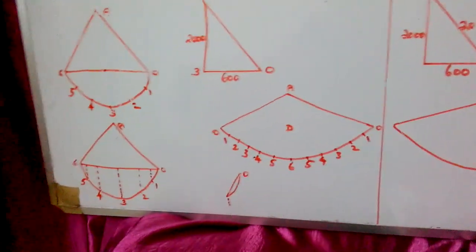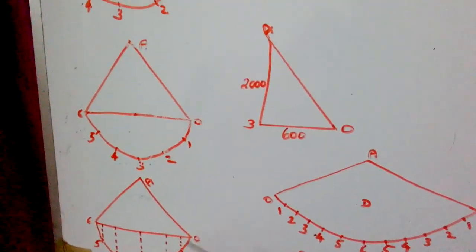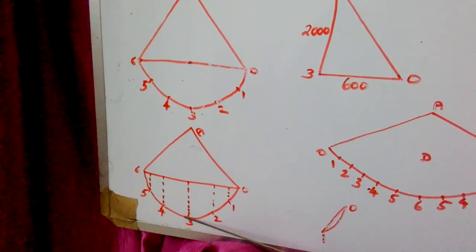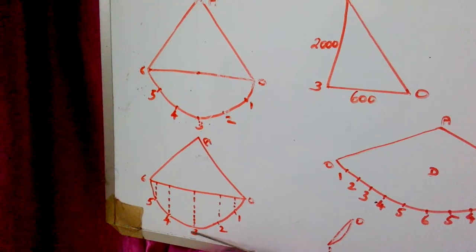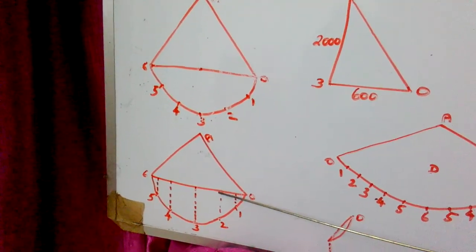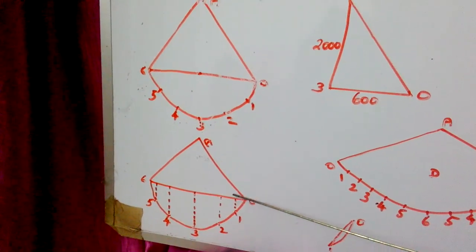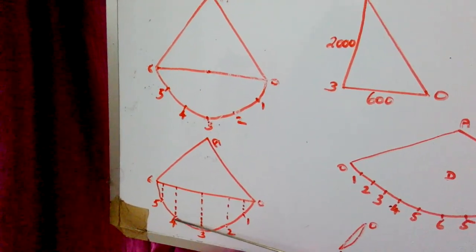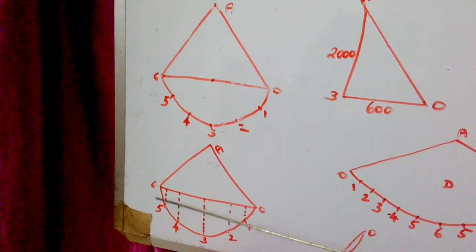This measurement 3 will be reaching here. This 2 will be reaching here. 1 will be reaching here. 4 will be reaching here. 5 will be reaching here.